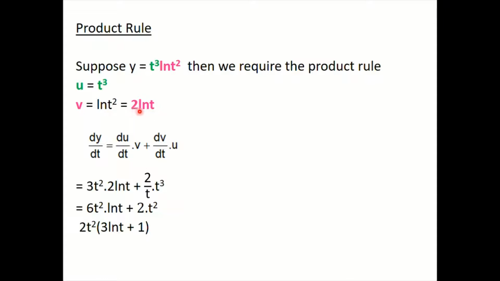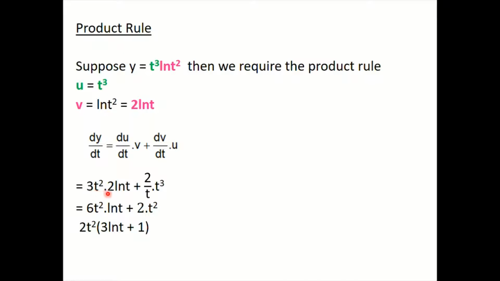So when we find the derivative of this, we're going to end up with 2 over t. And then the last part, we have to leave u in its original form, so it's t cubed, and we have that down here. So we've applied the product rule, and now it's just a case of simplifying.